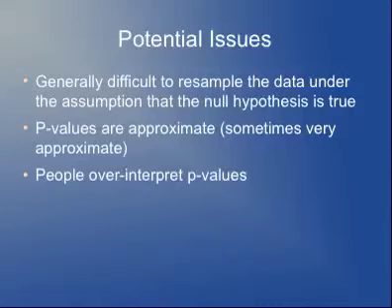P-values, on the other hand, people have this religious faith in this cutoff of 0.05. So if there's a method that gives you a p-value of 0.03 one time and 0.07 the next time, that will cause a lot of people to panic, even though for practical purposes there's very little difference between the two p-values.